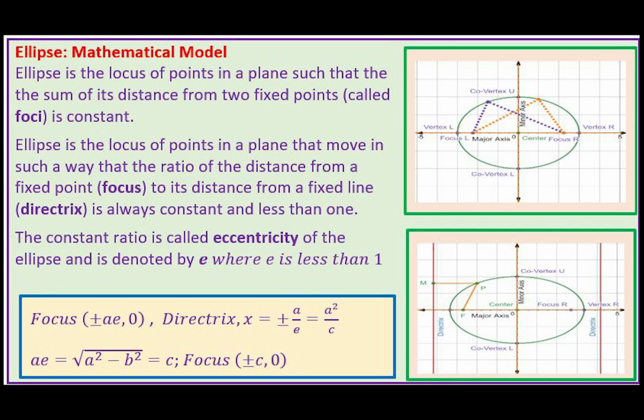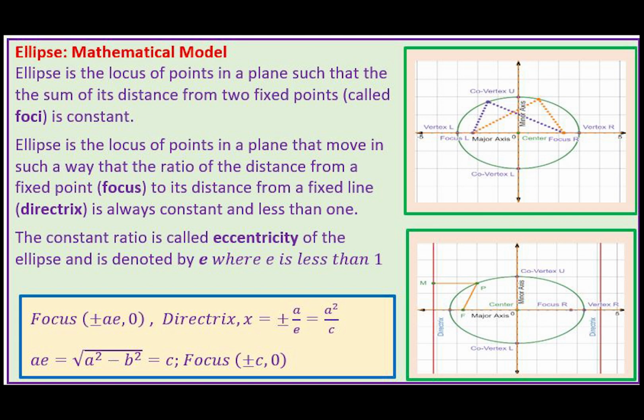To find the mathematical model of the ellipse, we look into the property that ellipse is the locus of points in a plane that moves in such a way that the ratio of the distance from the fixed point focus to its distance from a fixed line directrix is always constant and less than 1.